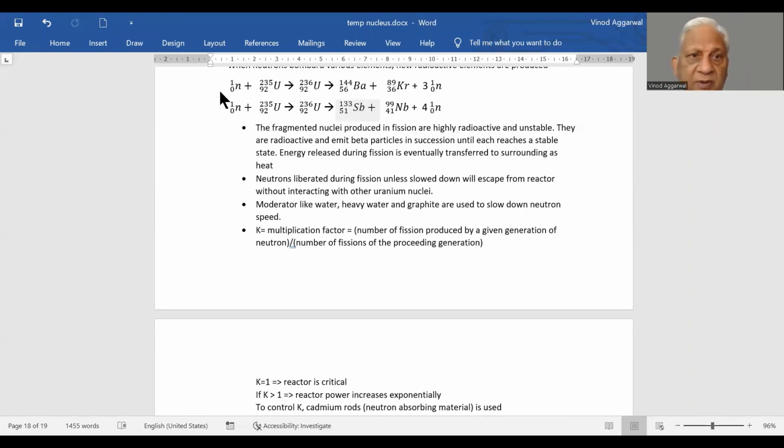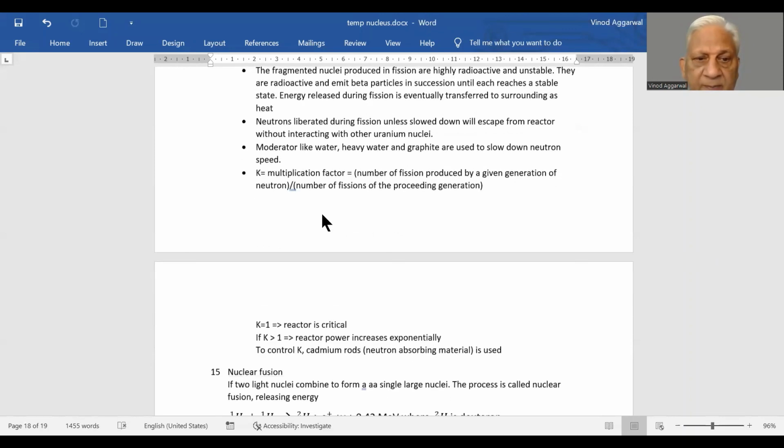Meaning thereby, for example, this was one generation and this is the second generation. So this generation produces one fission, and how many fissions are the product neutrons going to produce? The ratio of the two is called the multiplication factor.